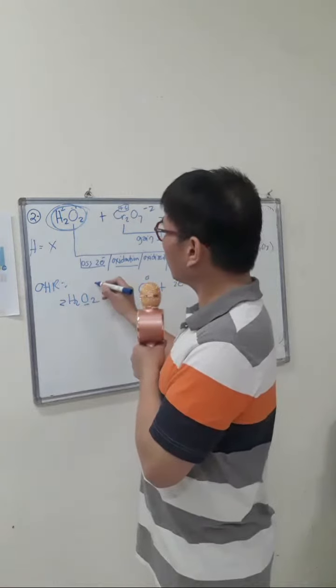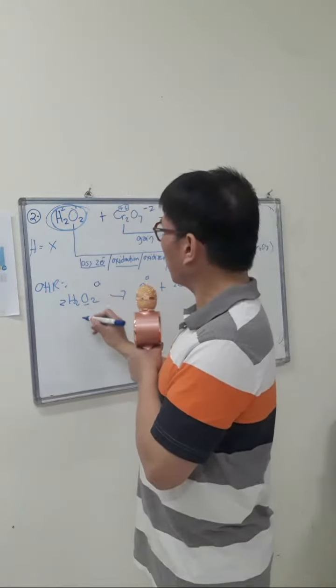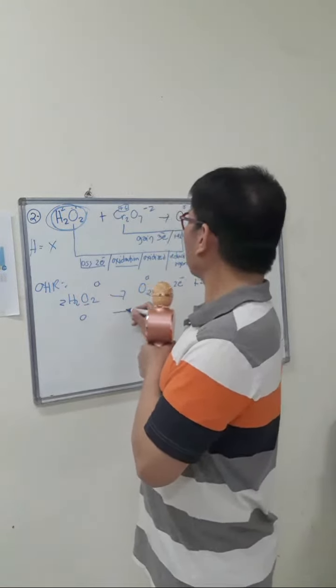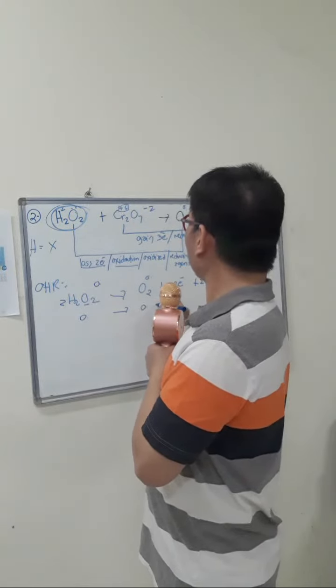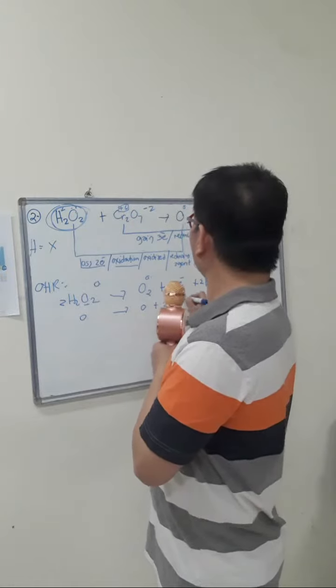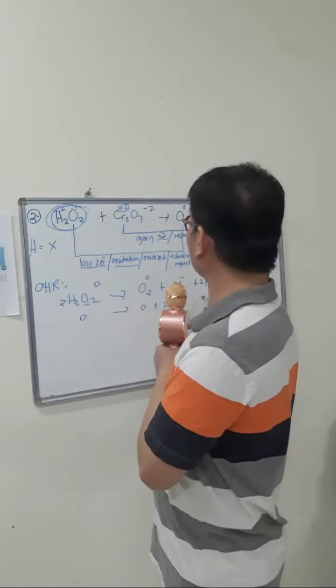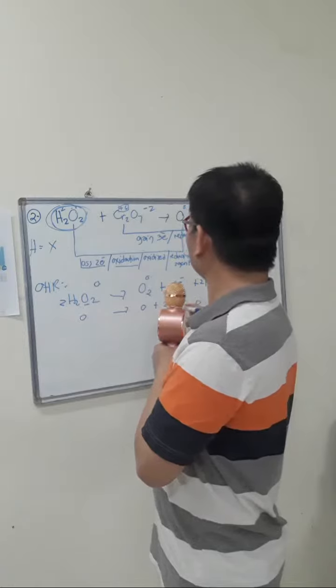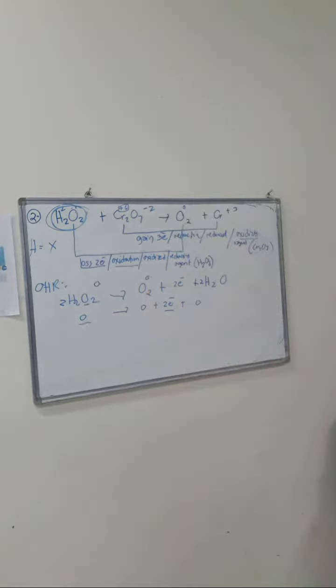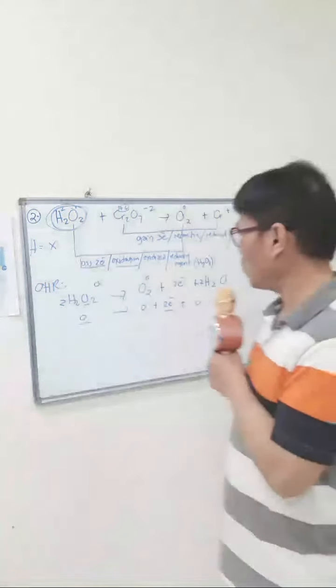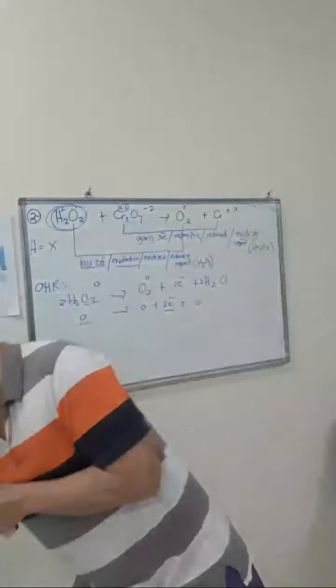So 0, the hydrogen process 0 times 2, 0 is equal to 0, so oxygen gas 0, and then 2 electrons plus 0. So this is not balanced, right? Since this is not balanced, you need to let X be the number of electrons that will be added to the oxygen gas in your product.